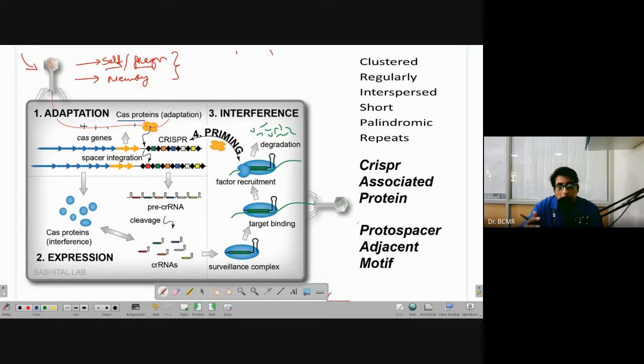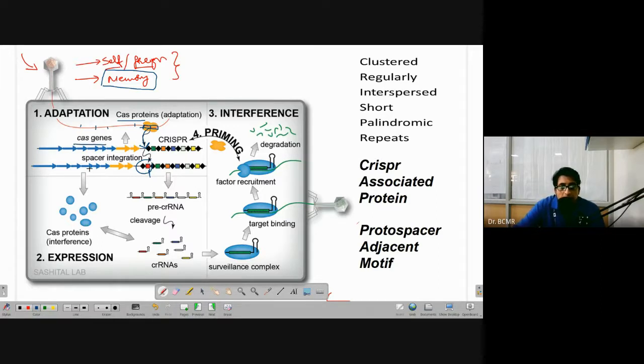It's not that it always happens successfully. Sometimes it's successful, sometimes it's not. In those bacteria where the cleavage has been successful, these small bits would be taken and incorporated here. So it is making a memory of a phage DNA within itself. And now the spacer has been integrated. You have the red one shown here, that is the spacer integrated.